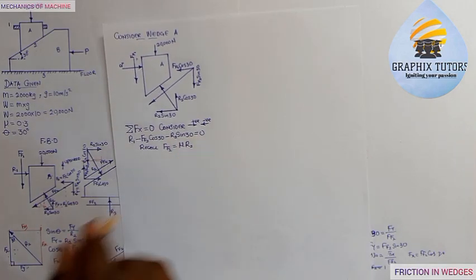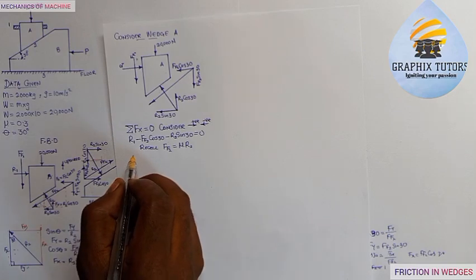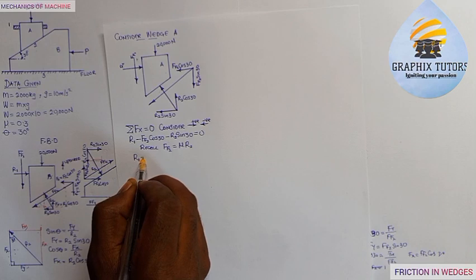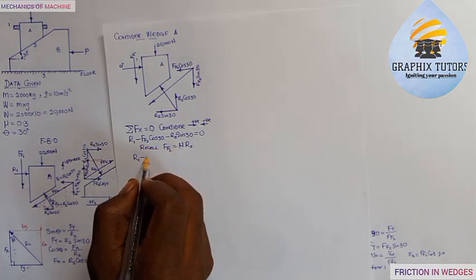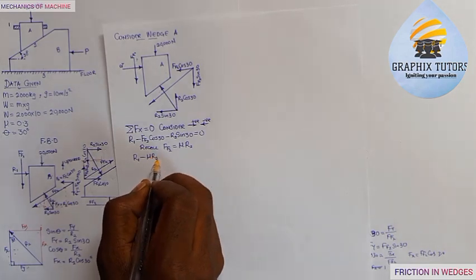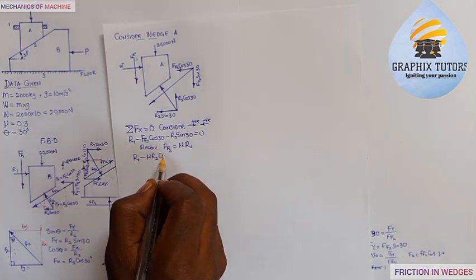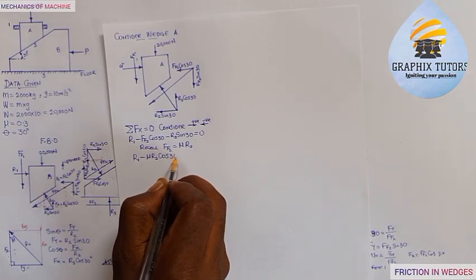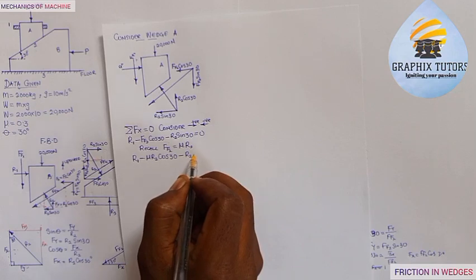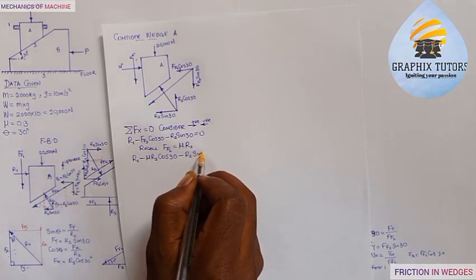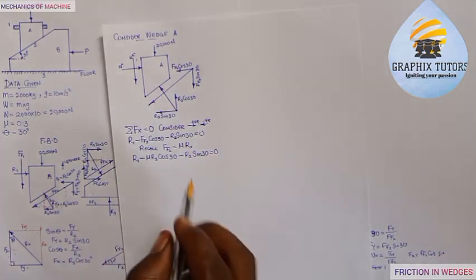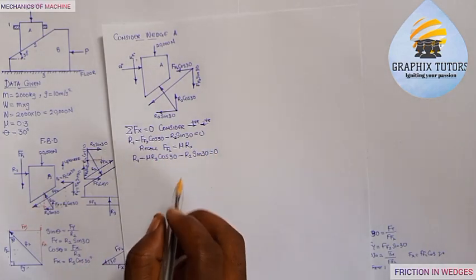So if I do that, I'm going to have R1 minus, instead of FF2, I'll put mu R2 cos 30, minus R2 sine 30 equals 0. Now if you look, R2 is common to both terms.